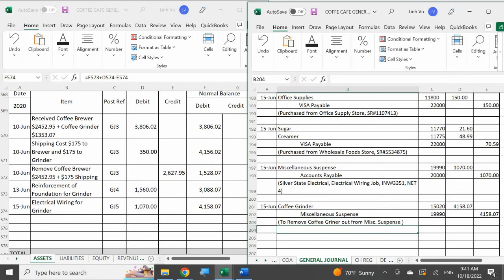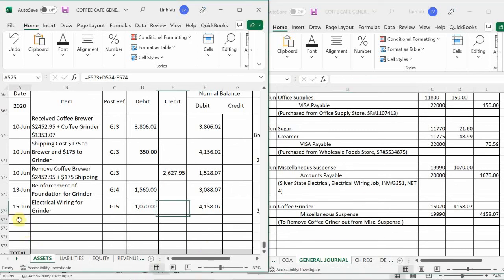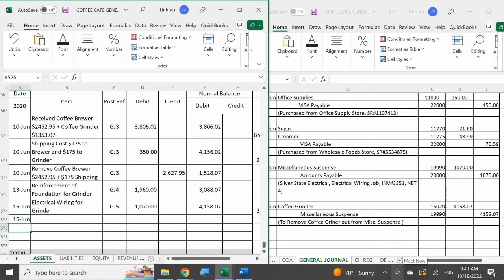We're taking it out because we have everything we need, because now my asset is ready for service. That's exactly what we're going to do. We're going to go ahead and take it out from my ledger right now.